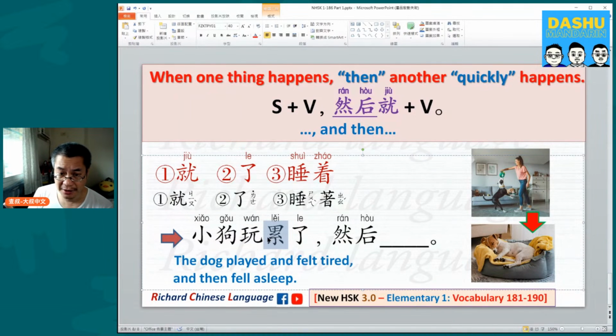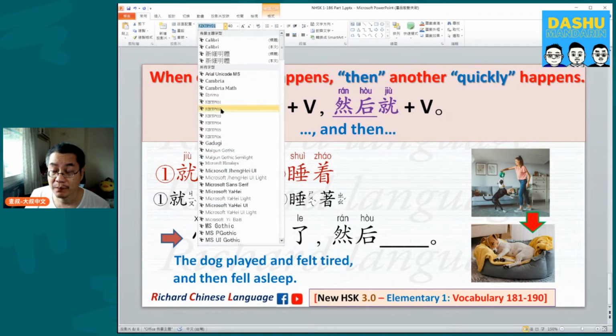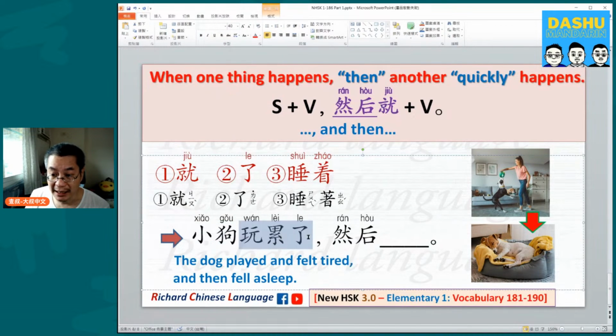Remember, 累 here is a complement. The dog played for a long time and felt tired, so you can use 玩累了. 小狗玩累了. The dog played and felt tired.